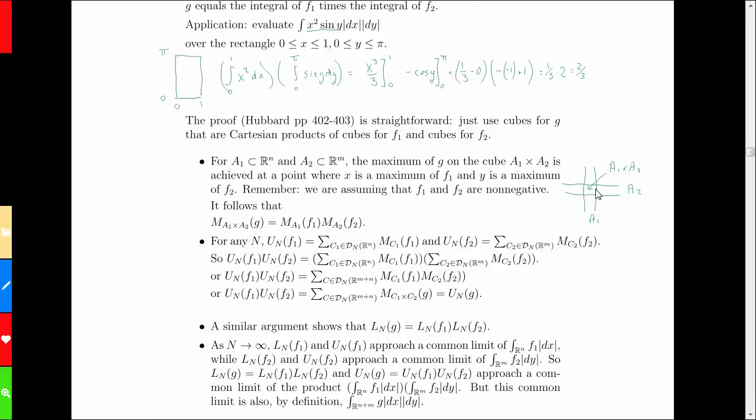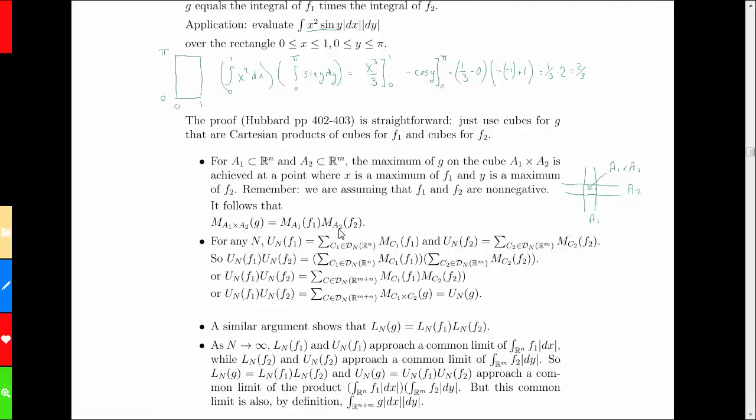And then we choose a value of y for which f2 has its maximum. Maybe f2 gets larger and larger, achieves a maximum here, and then starts getting smaller and smaller. So it follows that the largest possible value for g on this cube is equal to the supremum of f1 over a1 multiplied by the supremum of f2 over a2.